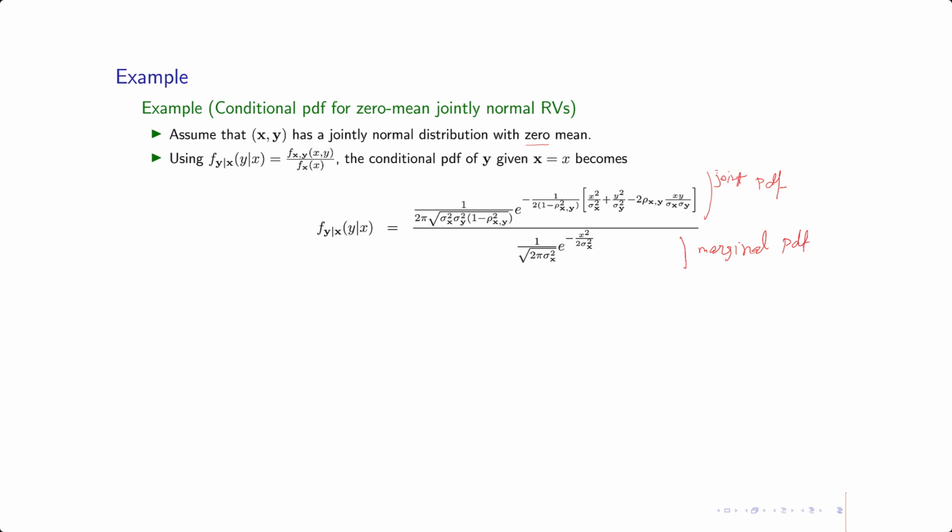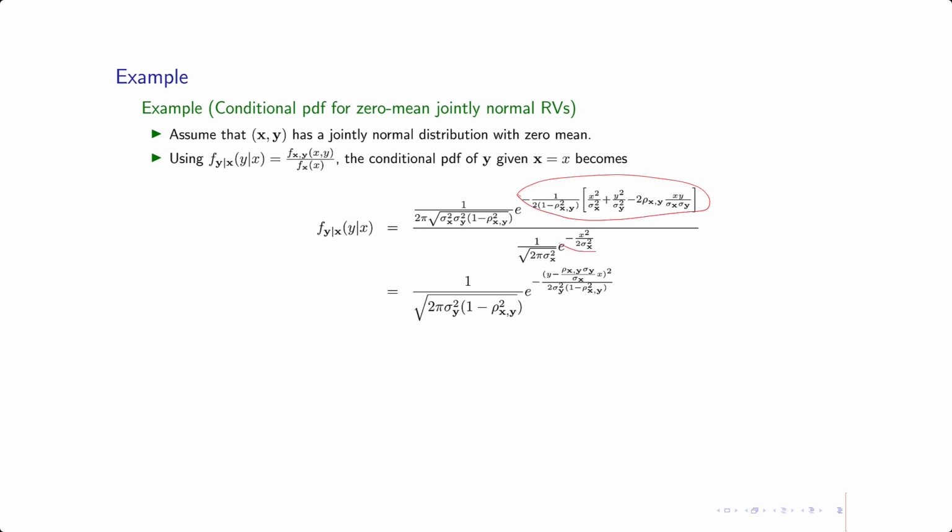Okay. Now, what we see here is that we have a constant here, then we have e to the power of something and e to the power of something. So we could divide the two constants, simplify it, and e to the power of something divided by e to the power of something is going to be e to the power of the subtraction of the two. So if you subtract this polynomial of second order minus this polynomial of second order and then do some manipulation, you get these results.